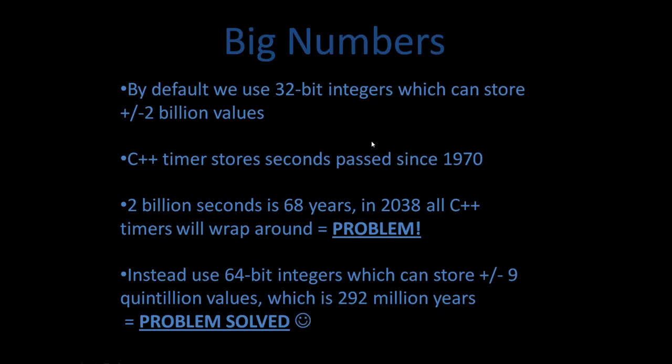So in 2038, all our C++ programs, servers, and the timers that are associated with them will wrap around. It will result in minus 2 billion, which is a problem because that's pretty much going to mess up everything.